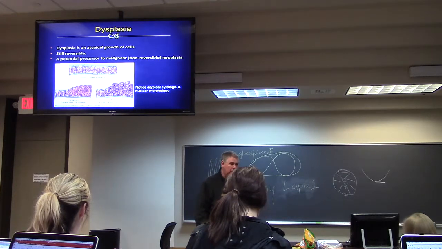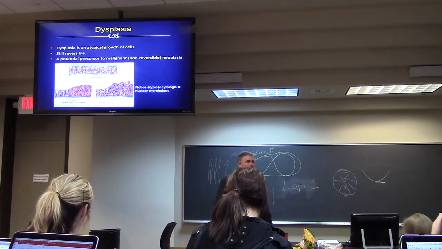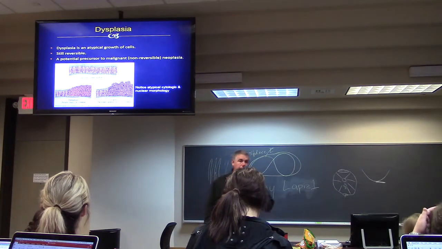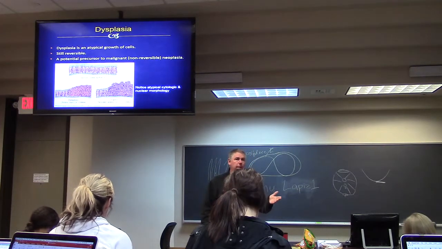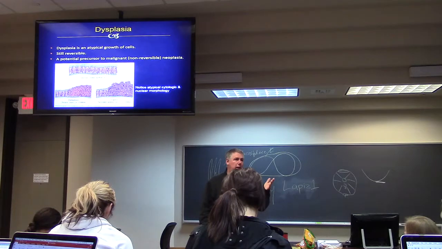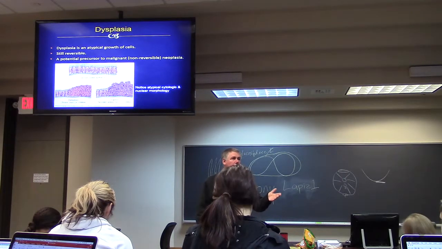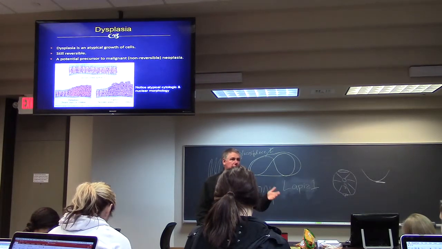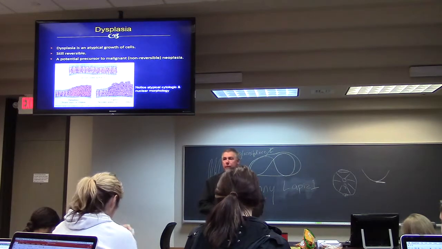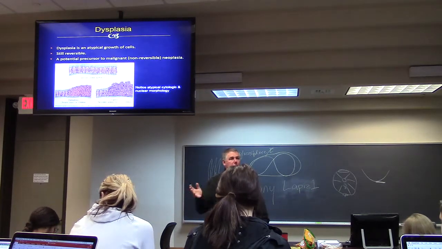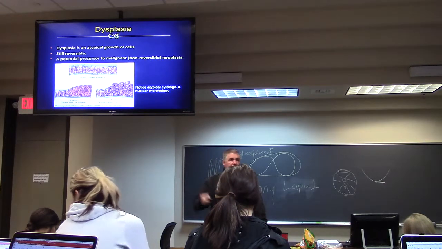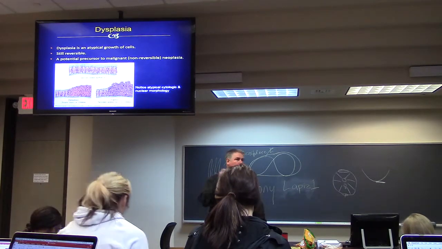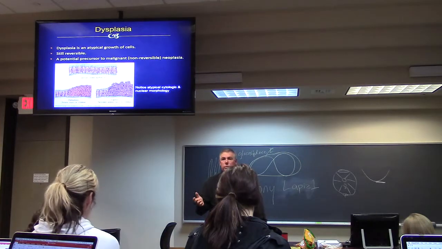Now, fortunately, it was found out that when you get an abnormal pap smear and you see these cervical cells that are undergoing change, they're dysplastic. It used to be that you did pretty serious things to get rid of them. You did conization, you cauterized them, you froze them, all sorts of things.